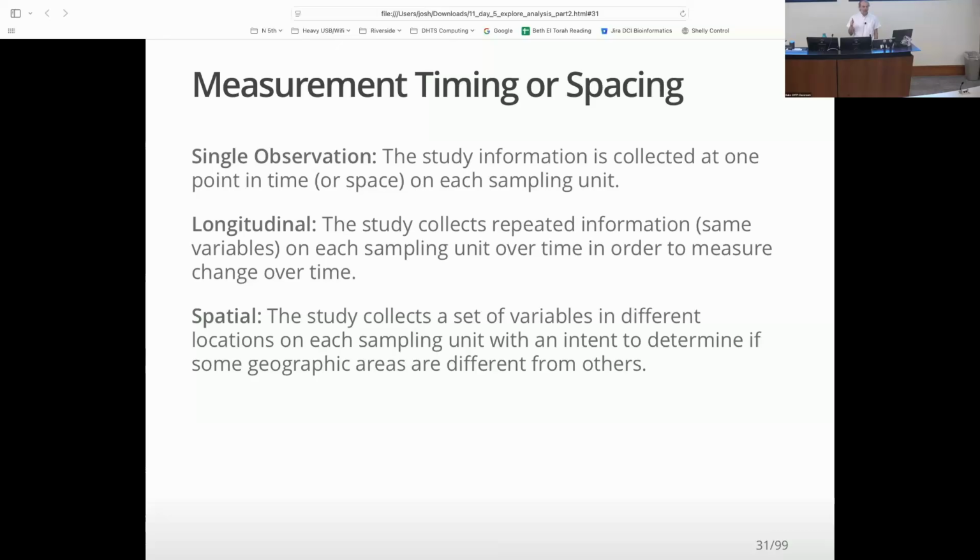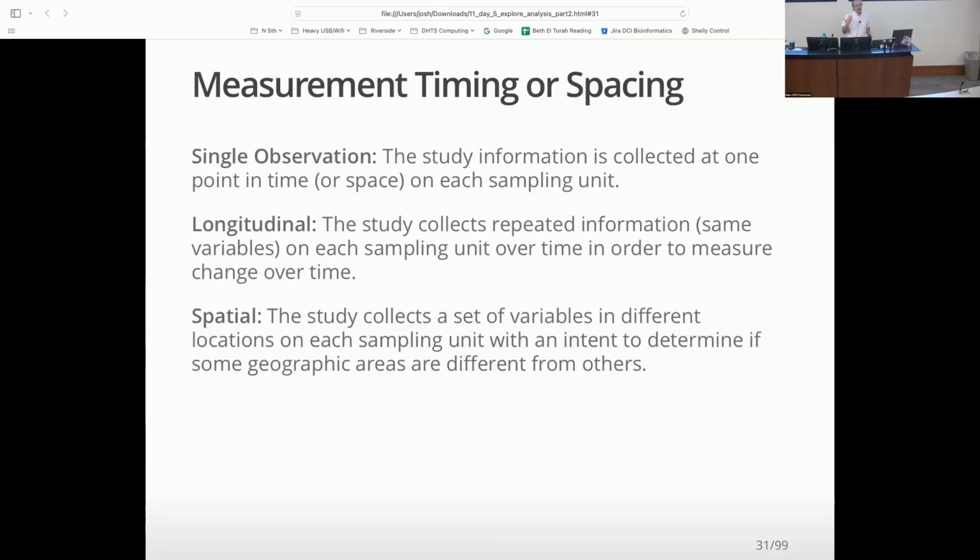But you're taking a single measurement at a single point in time or a single point in space on each sampling unit, right? For example, let's not say childhood home, but survey people right now and say, do you have a television in your home? And that's the study. I'm just surveying people right now and asking if they have a television in their home.